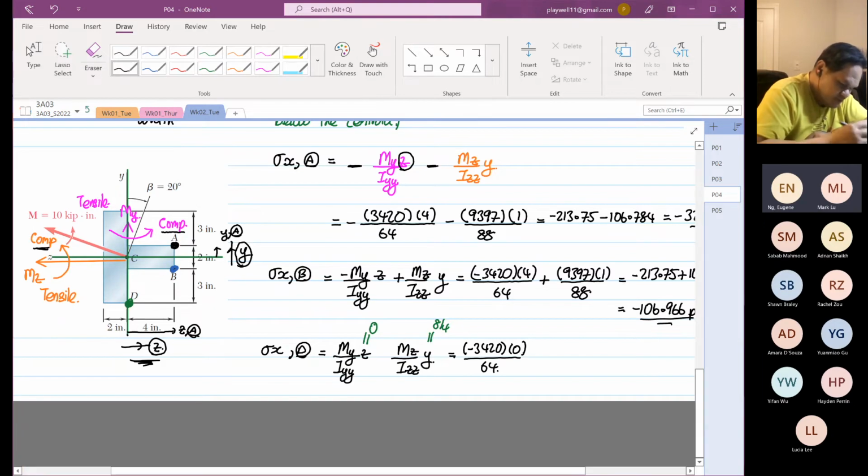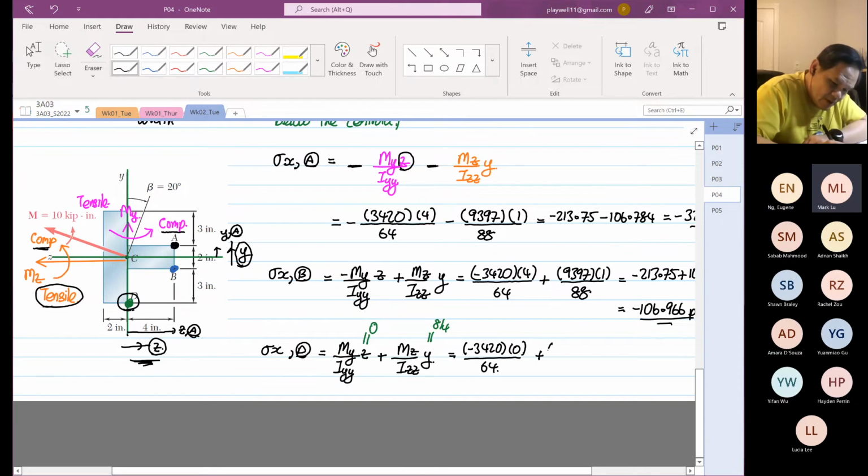Okay. Now if you look at moment of z, so moment about z, we know it's going to be what? So it's going to be positive. It's in tensile, right? So because it's tensile down here, and this is at point D, so it's going to be plus 9397 multiplied by 4, right? Multiplied by y, because it's 8 divided by 2, divided by 88.